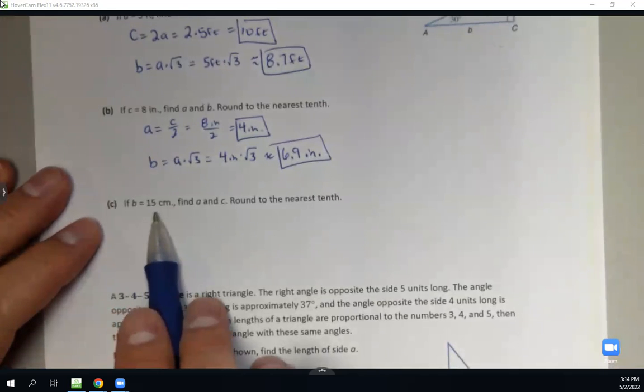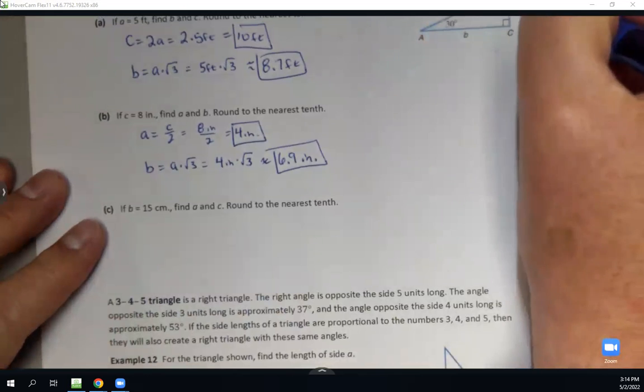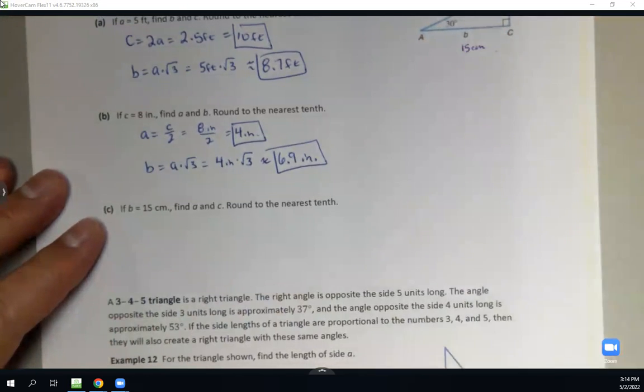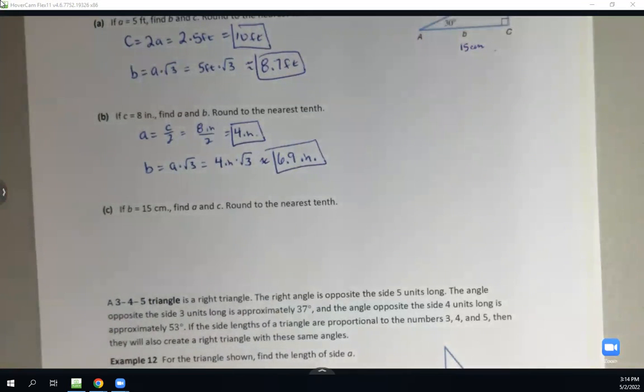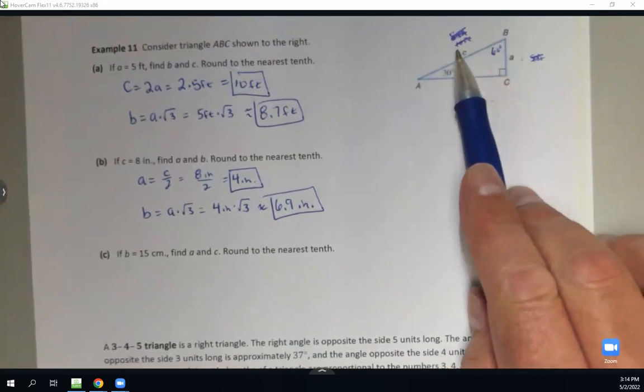If B equals 15 centimeters, find A and C. So now I don't know this one. I know this is 15 centimeters. So I need to find A and C. So in this case, I'm given the longer leg. I need to find the shorter leg and the hypotenuse.